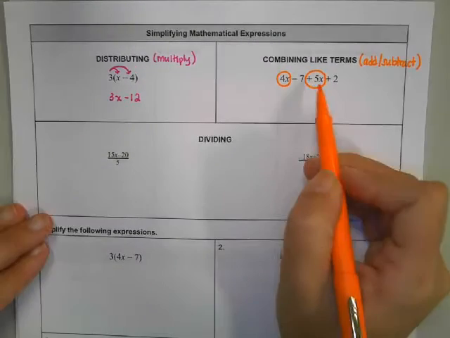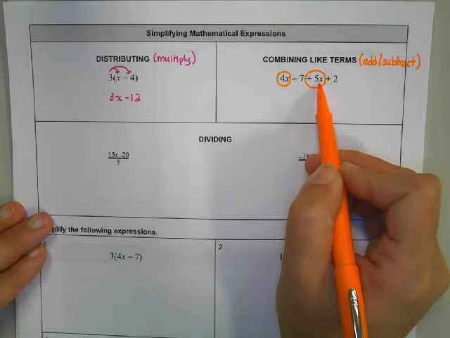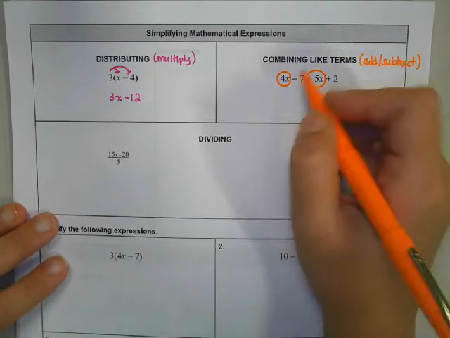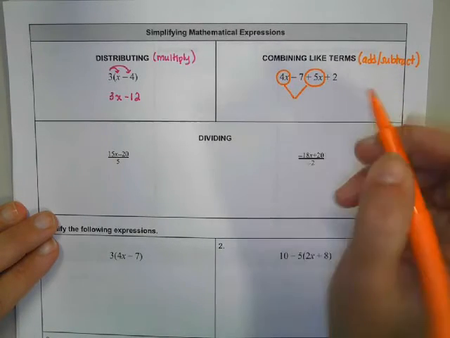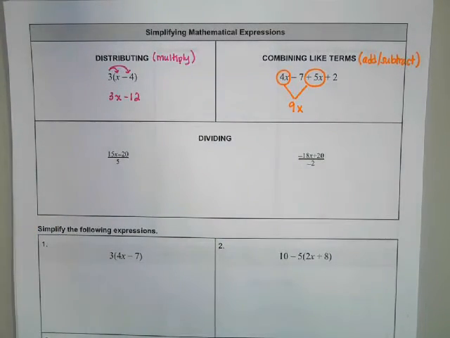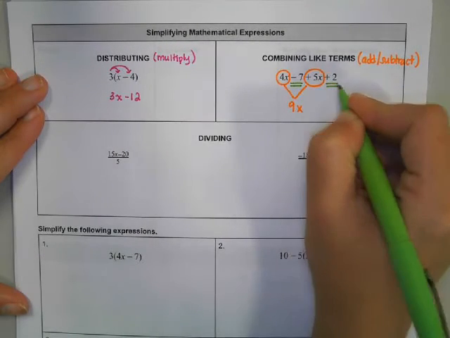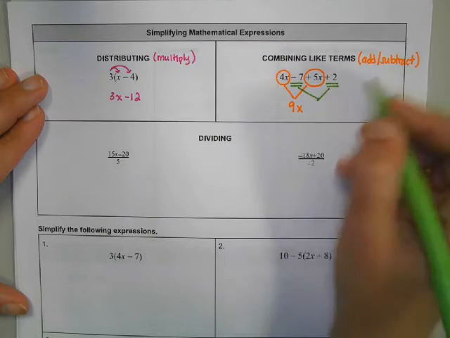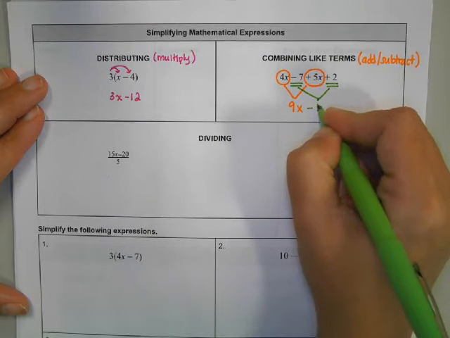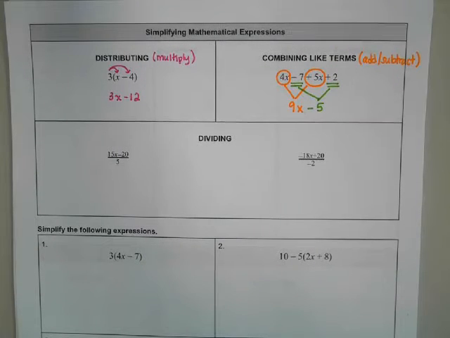I was careful to include the plus 5 with the 5x, because that plus belongs to the 5. When I combine these, 4 plus 5 would be 9x. There are some more like terms here. If I combine the negative 7 and the positive 2, negative 7 plus 2 would be negative 5. So there were 2 different pairs of like terms, and we combined them by adding or subtracting.